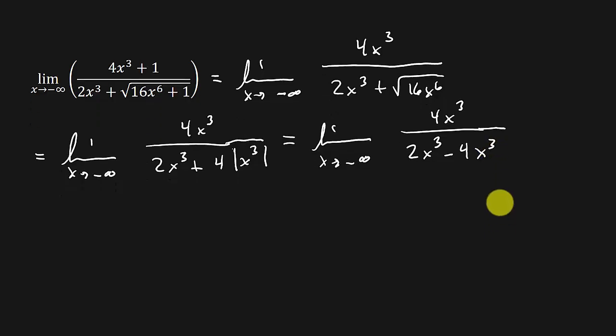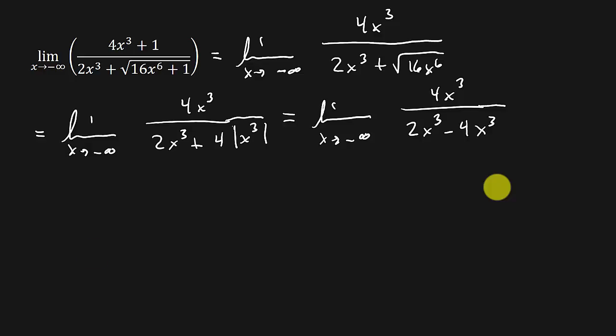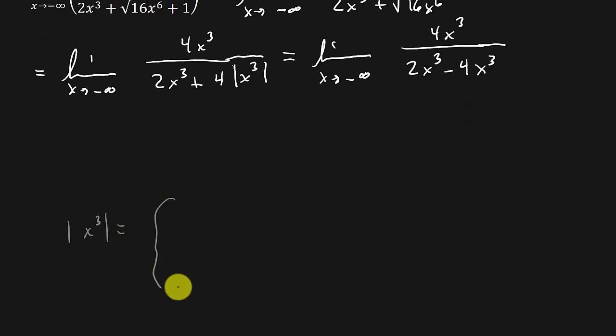All right, so just look at it this way. The absolute value of x cubed is equal to x cubed if x is greater than or equal to 0 and negative x cubed if x is less than 0. All right.